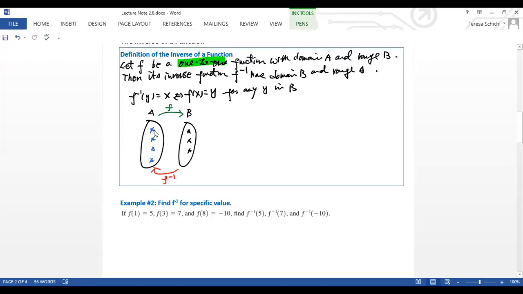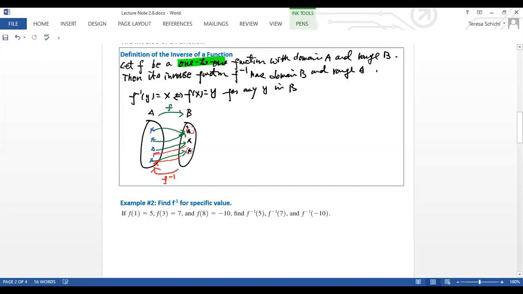Okay, so for f here, this one goes here, these two go to the same one, and this one goes here, this one goes here. All right, so f is a function, but if you take a look at f inverse, that means I go backward, right? So these values go backward here, that's okay. This one goes backward here, that's okay.